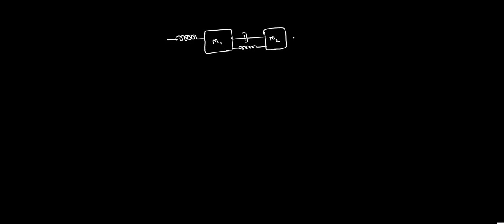Here you are trying to apply a certain amount of force f of t. So these are all in between. I am assuming there is some sort of a reference here.